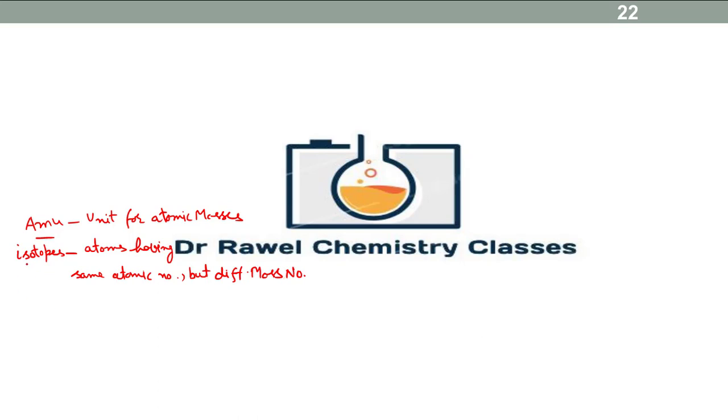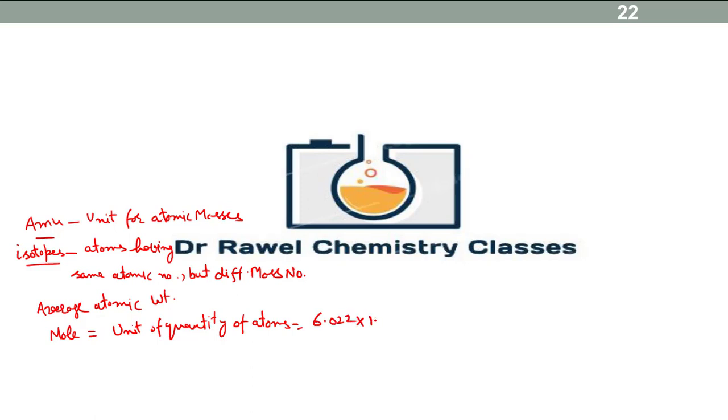Then we discussed average atomic weight, how to calculate it, and then there came a most important topic, the mole, the unit of quantity of atoms. Its value is 6.022 into 10 raised to the power 23. It is also called Avogadro's number.